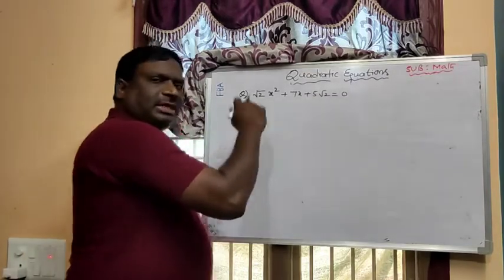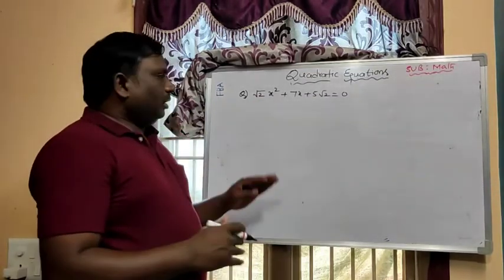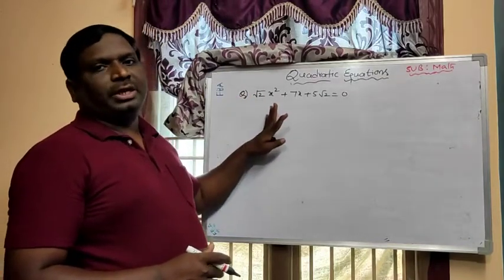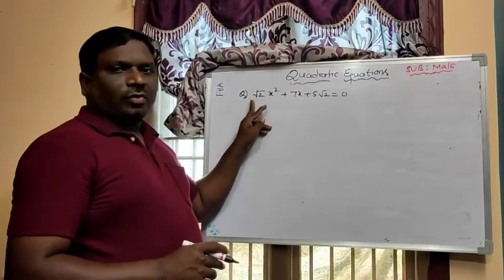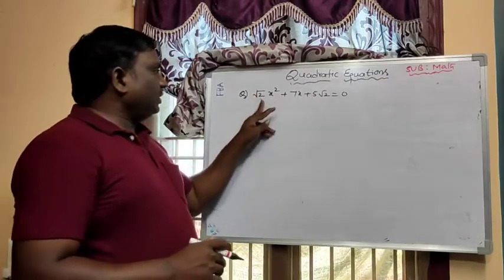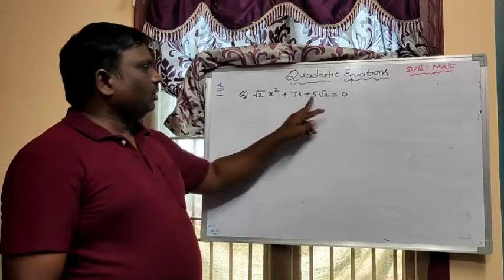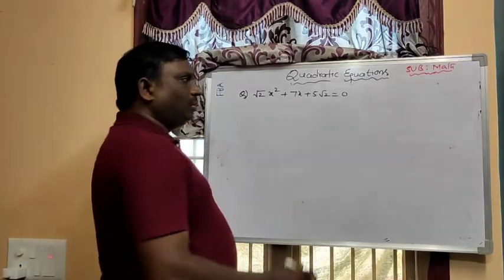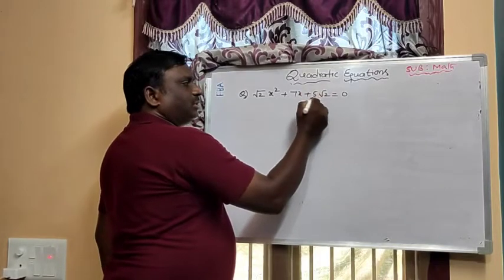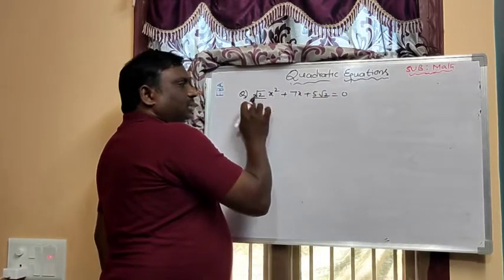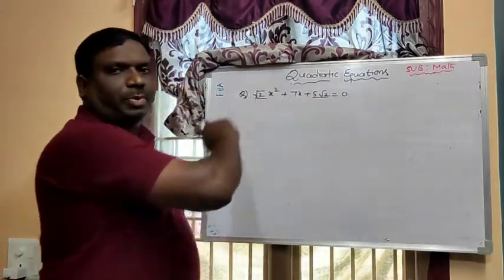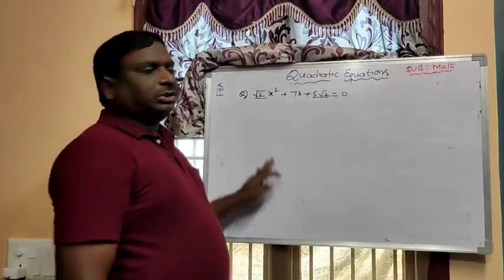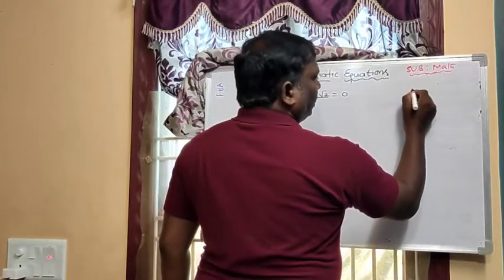Now I am using the same factorization method we used in the previous session on polynomials. The same procedure applies here. Take the product of the x square coefficient and the constant term. The x square coefficient is root 2, and the constant term is 5 root 2. 5 root 2 into root 2 is 5 into 2, that is 10.